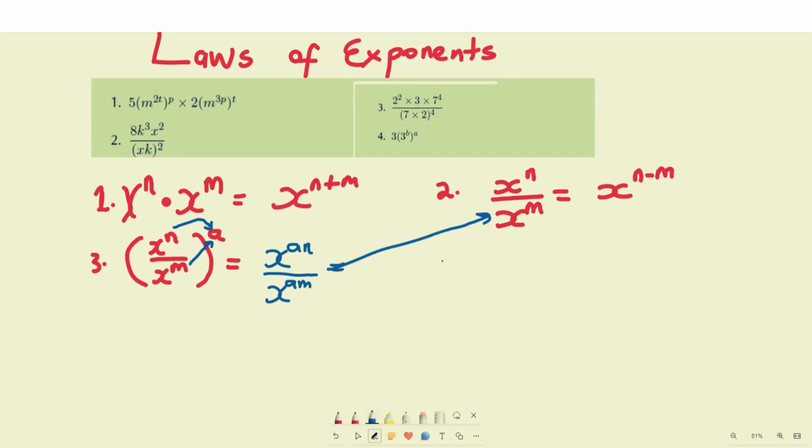Perfect. And then number 4 is the same thing, but with multiply. I have x to the n times x to the m, with the power of a. I'm going to multiply that and that by a. So n times a is an. So I'm going to have x to the power an times x to the power am, right?